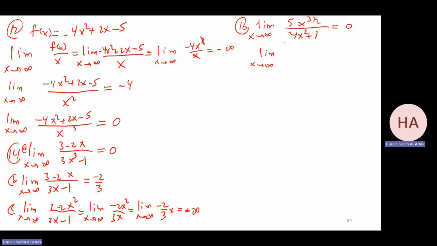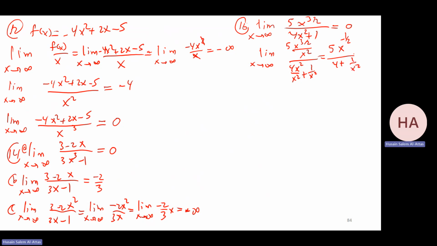Since these are fractions, it will be the same idea. Usually divide by the highest power in the denominator. That will be 5 x to the power minus half over 4 plus 1 over x squared.